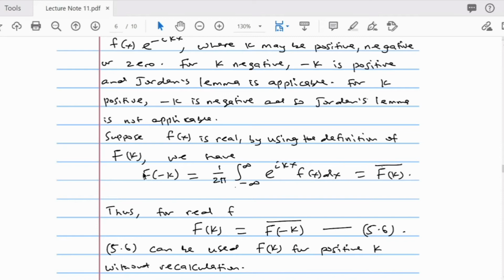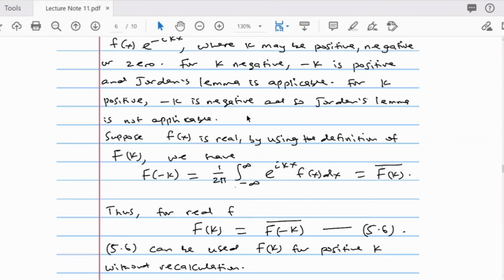So when you put k as negative of k, now call this capital F of k bar. We call this the conjugate of this one that is here. So what do we do?